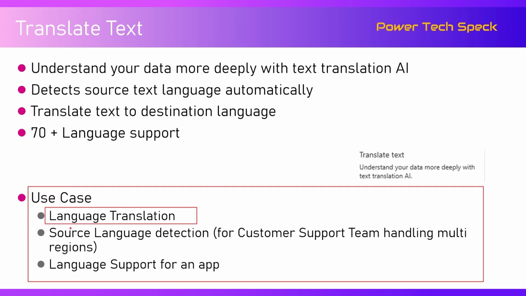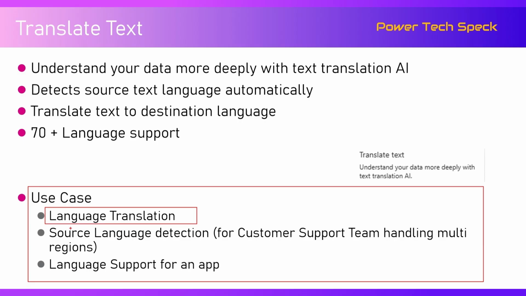Another one would be a customer support team. Take for example, you have a customer support team serving France, England, and Spain. All these three countries speak different languages. If you have one bot which provides the same service for your customer base or headquarters locations in different countries like England, France, and Spain, then you can use the source language detection capability to detect the language and then translate into the translation language of the destination country.